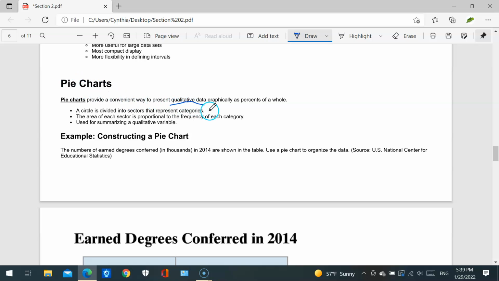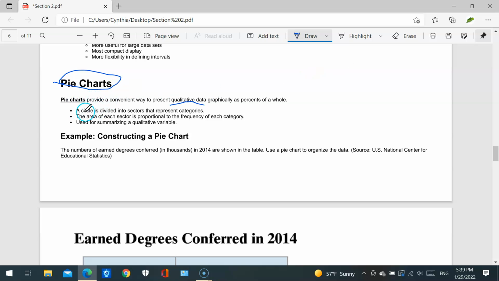When you have qualitative data, normally they go with the pie chart. Sometimes they put it into a bar graph as well. Right, a bar graph can represent qualitative data as well. Bar graph, not a histogram. A histogram can only present a quantitative variable.